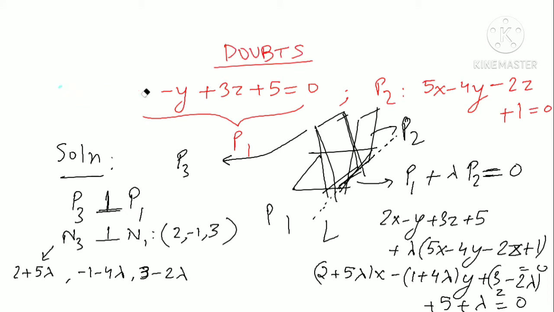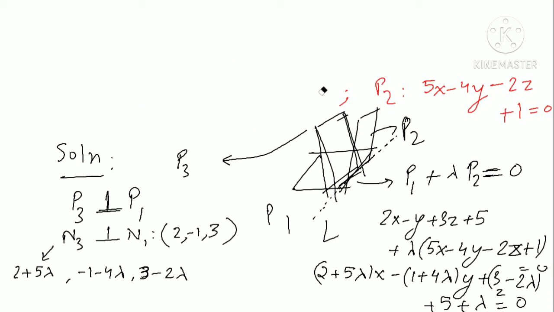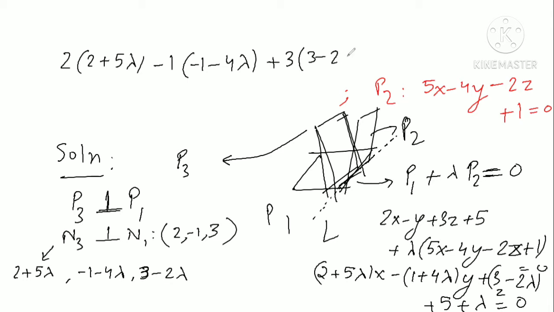If we remove this part because there is lack of space, in that case we can write 2 into (2 plus 5 lambda), then minus 1 into (minus 1 minus 4 lambda), and then plus 3 into (3 minus 2 lambda) is equal to 0.